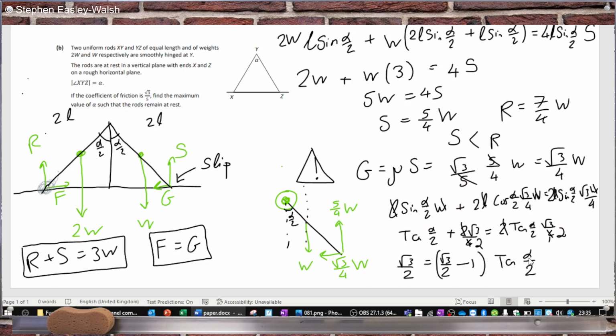Root 3 divided by 2 over root 3 divided by 2 minus 1.